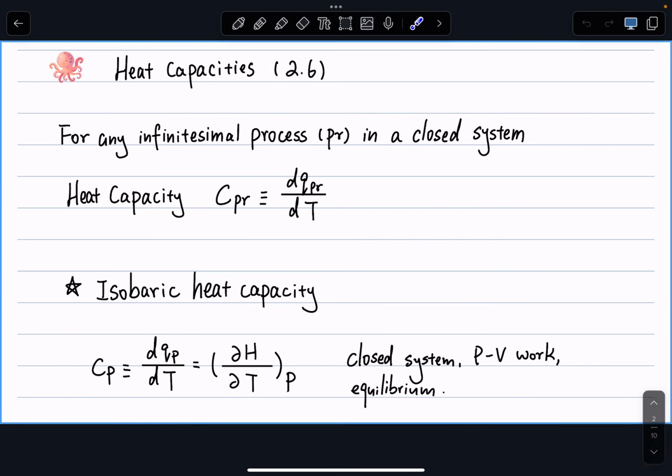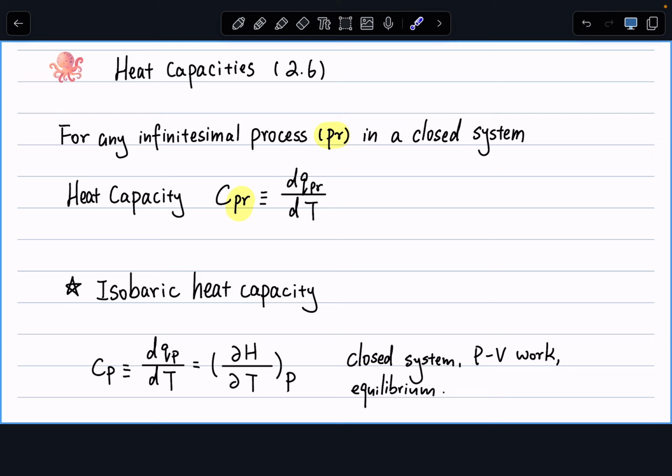We used specific heat before, and remember in the previous case we were asking, what is heat? We simplified it to say heat equals mass times specific heat times the change of temperature. Now the more precise definition of specific heat is for any infinitesimal process in a closed system. The abbreviation PR that you will see under that big letter C stands for any process we might have.